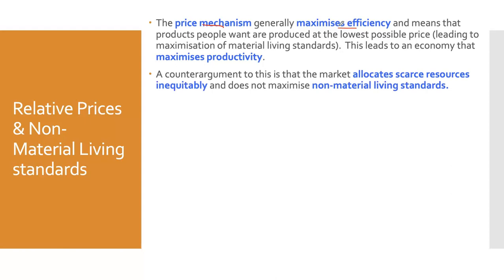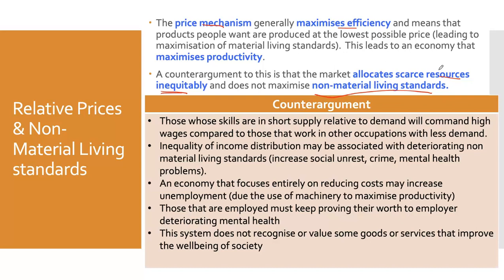There is a counter argument for this, that relative prices and price mechanisms, economics, the perfect market, do not maximize living standards, and they in particular don't maximize non-material living standards, don't maximize that intangible happiness we're striving for. Why is this? Because it often leads to the allocation of scarce resources inequitably. Not everyone gets the chance to benefit.